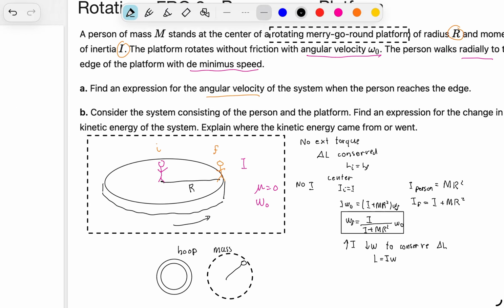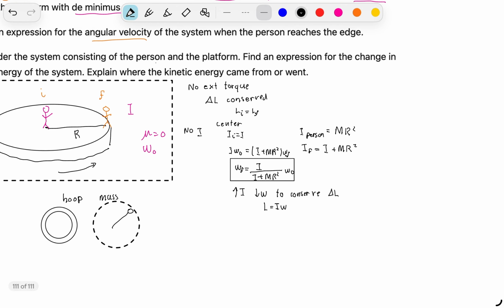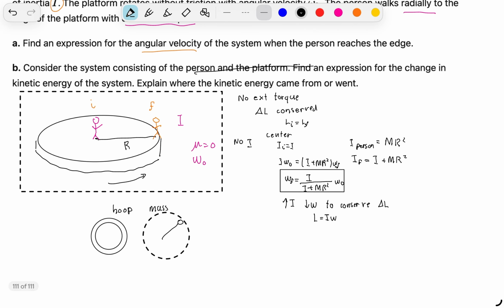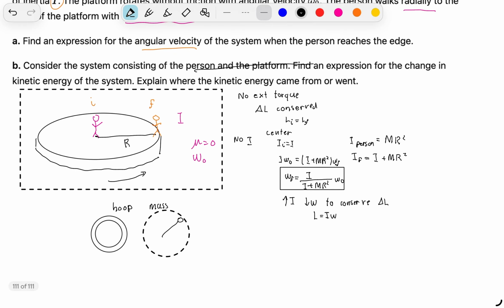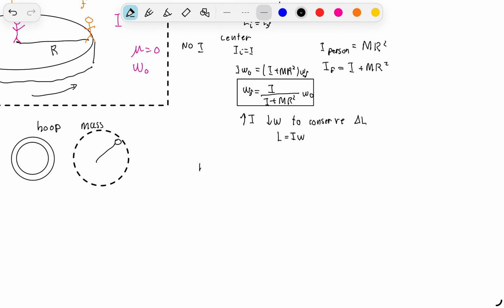Now for part 2, we're asked to consider the system consisting of the person and the platform. Find an expression for the change in the kinetic energy of the entire system and explain where the kinetic energy came from or went.